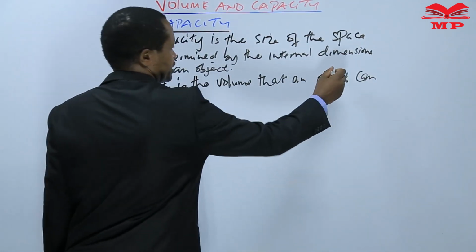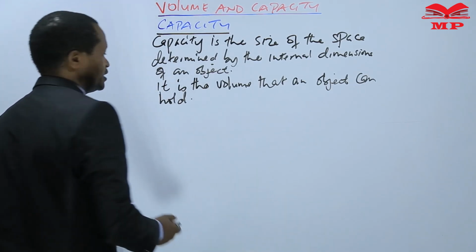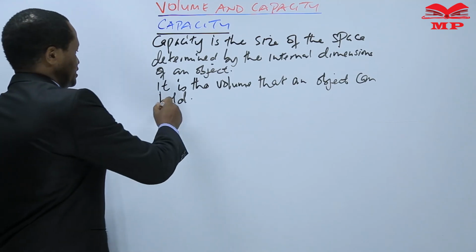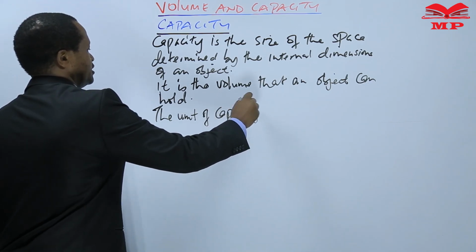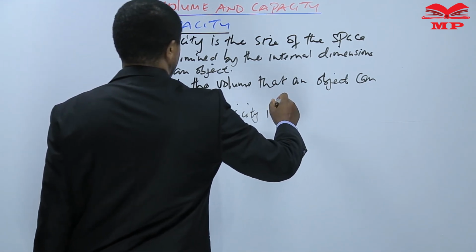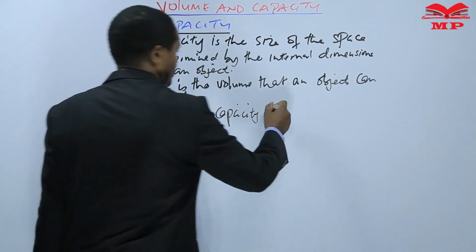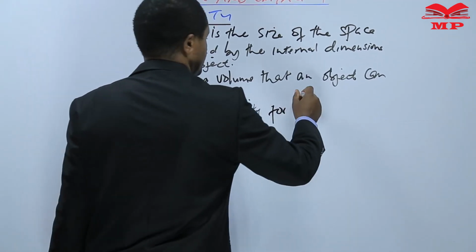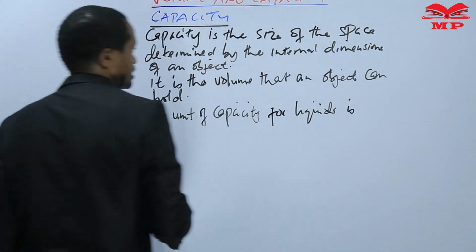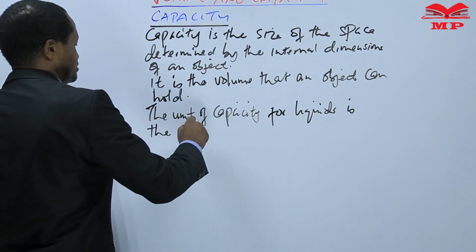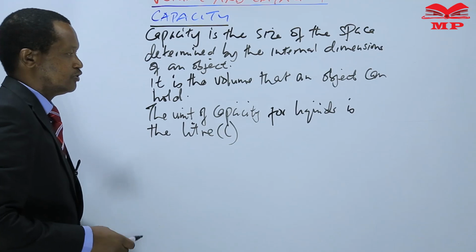The unit of capacity, mainly for fluids or liquids, is the liter, abbreviated as L. That is the unit of capacity.